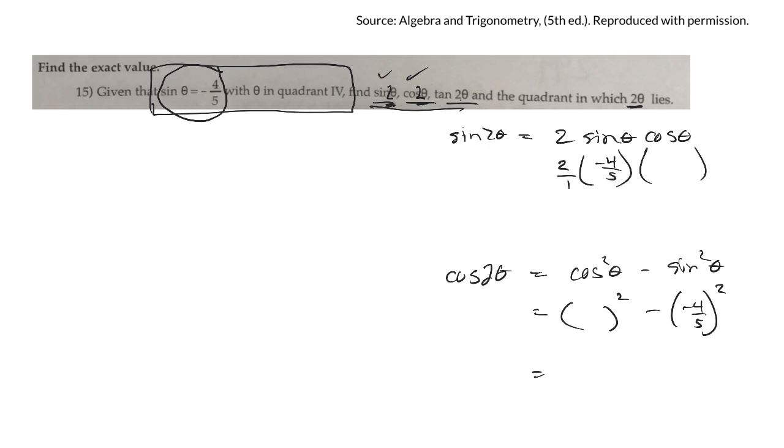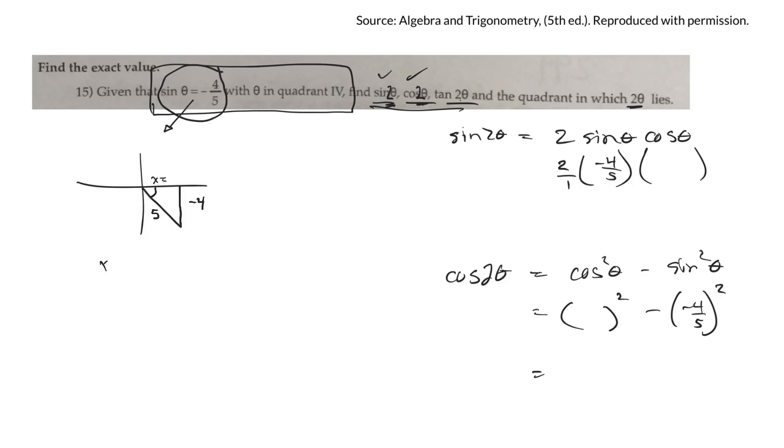To know what cos theta is, over here, I can say sine theta is -4/5, and it's in quadrant 4. Here's quadrant 4. If I make my right triangle down here, this is my theta, and the opposite side is -4. The hypotenuse is 5. So I want to know what x is up here. I can use Pythagoras to find that.